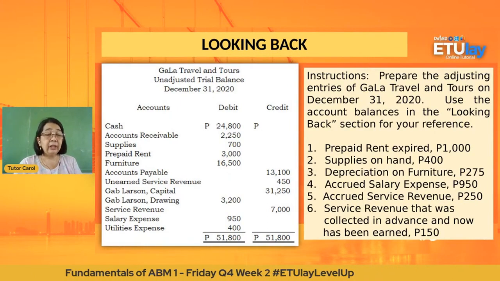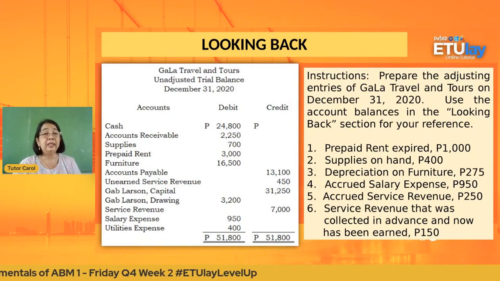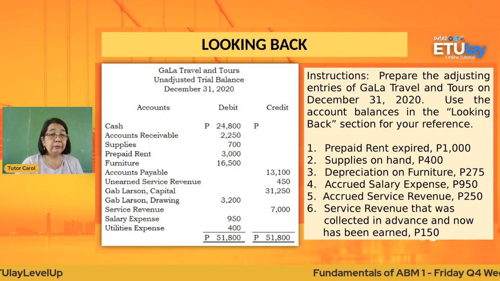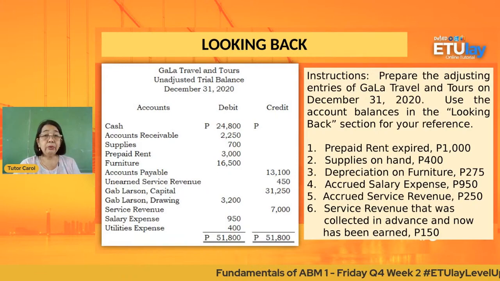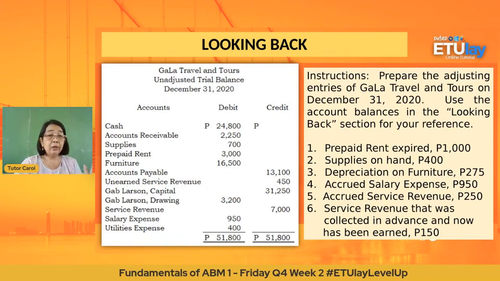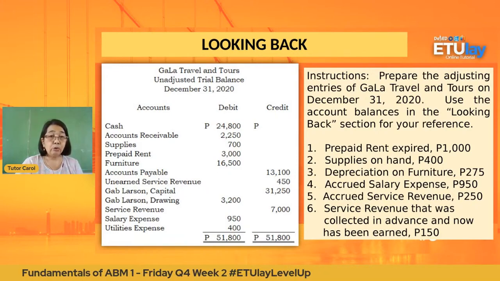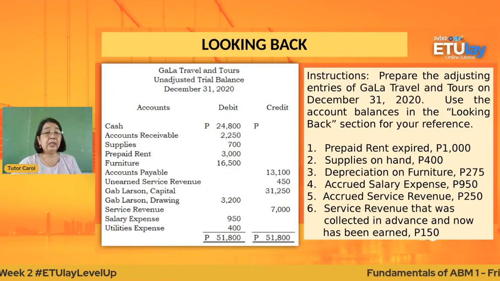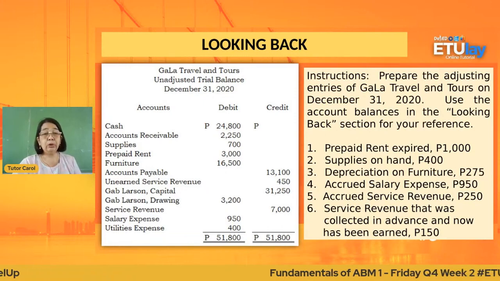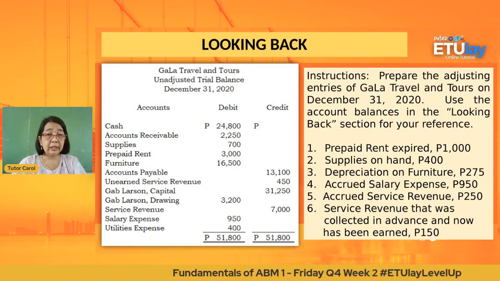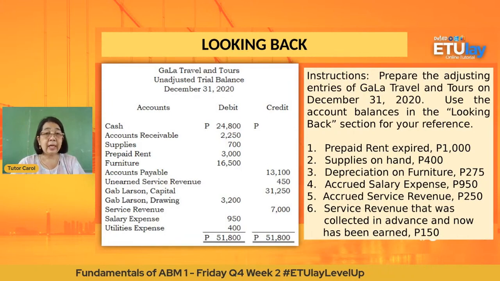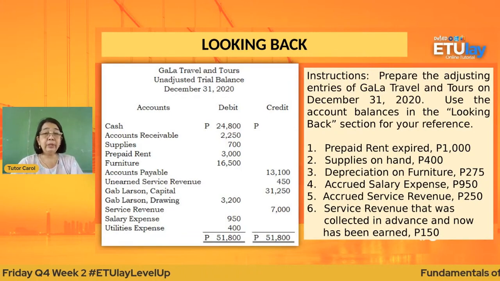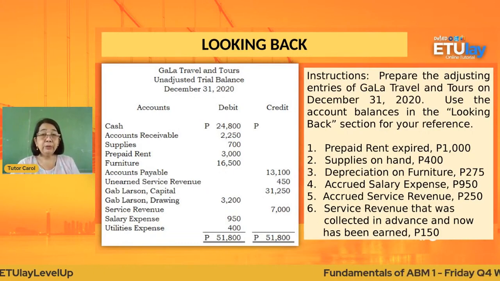The ending balance is their normal balance. Assets, normal balance is debit; liabilities, credit; capital, credit also; drawings, debit; revenue, credit; and expenses, debit. In our trial balance, the debit side and the credit side must be equal.